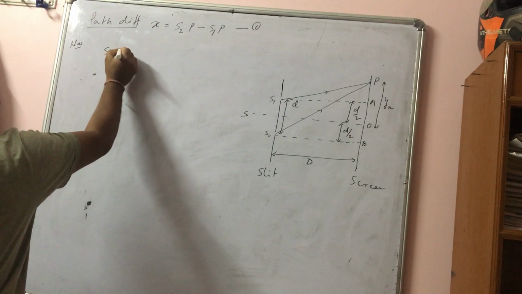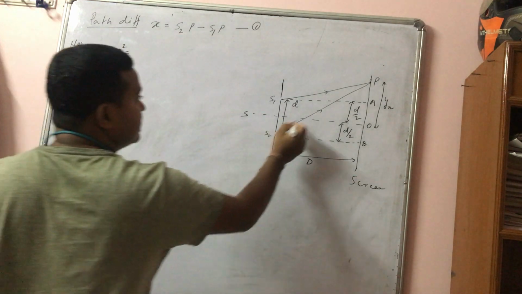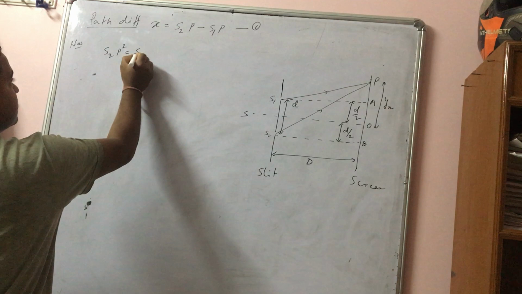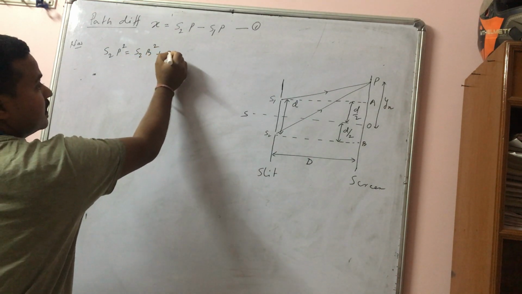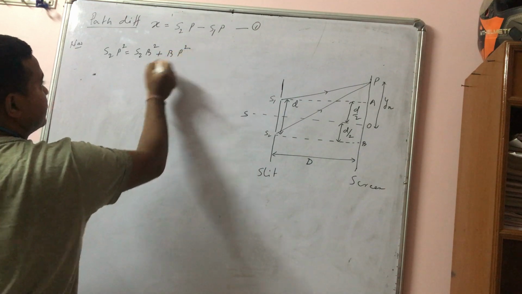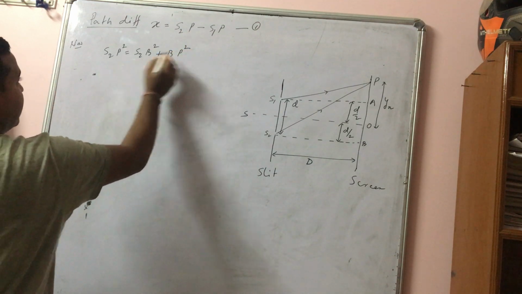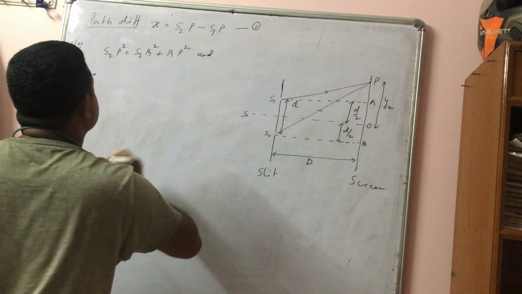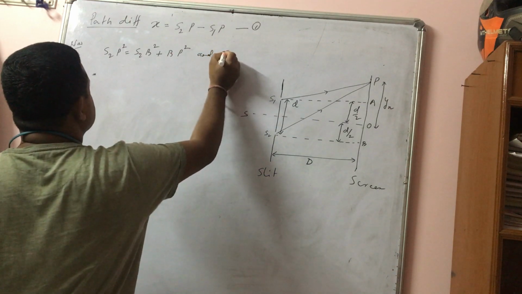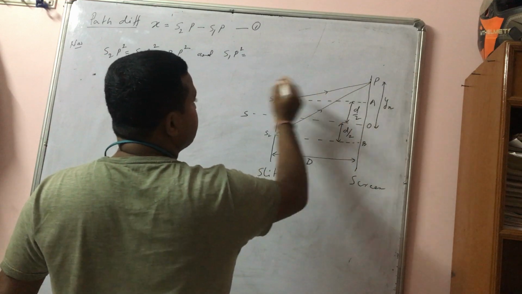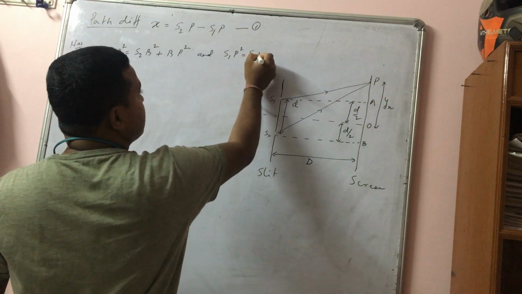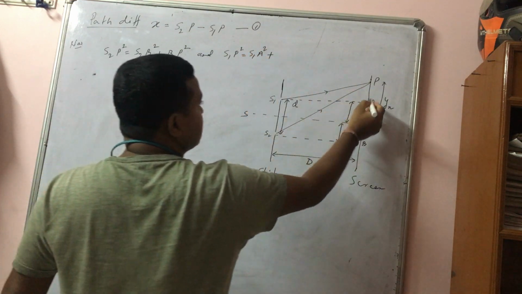Now you see, S2P square, you take this triangle, is S2B square plus BP square, and S1P square is S1A square plus AP square.